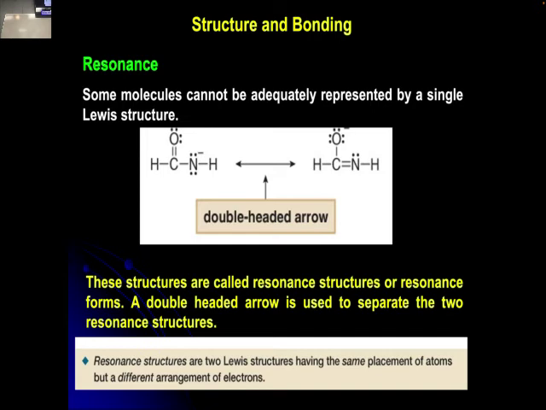Does anybody remember about resonance? Okay. So, resonance exists because there is a flaw in Lewis structures. And if you think about Lewis structures, let's just take the example that we're given up here.